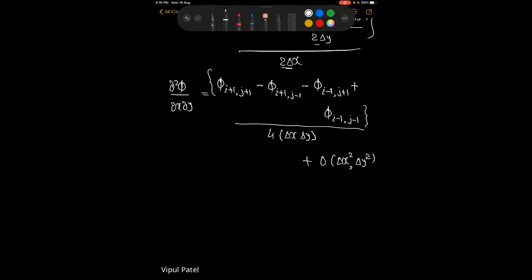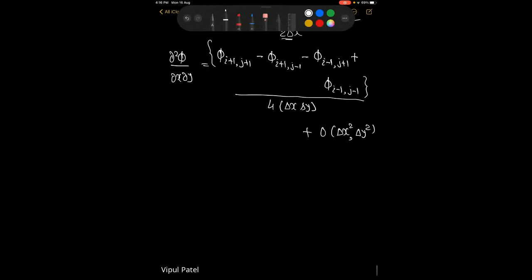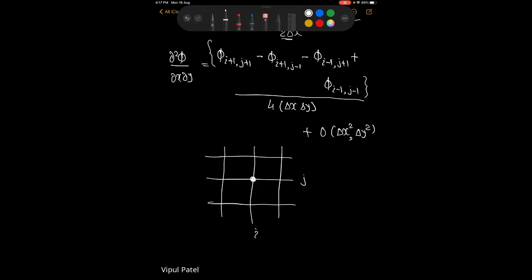Now if you carefully see the nodes which are involved in this expression, this is our grid spacing, this is j, this is I. And I want to derive this del square phi by del x del y at this particular location.